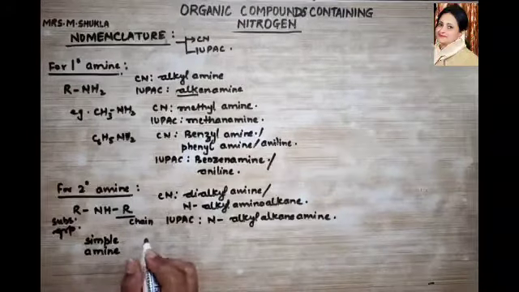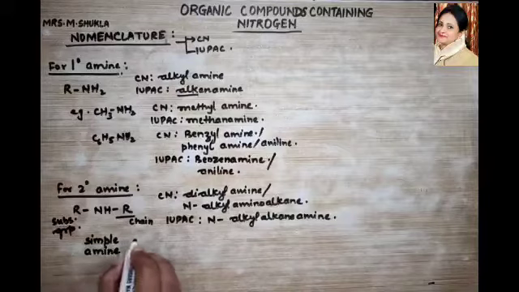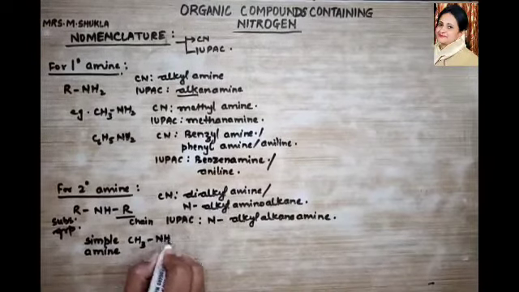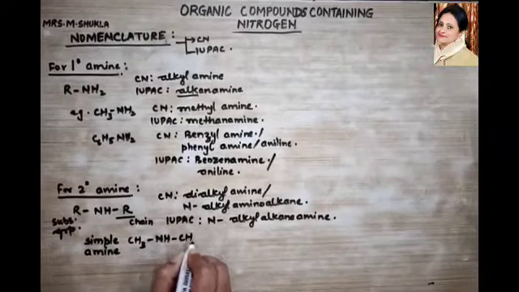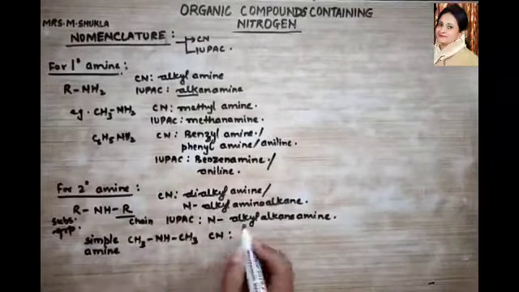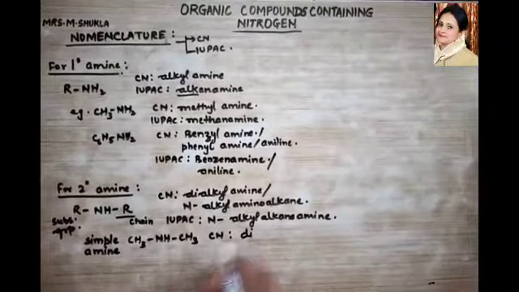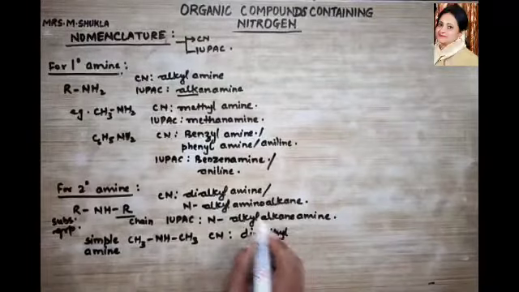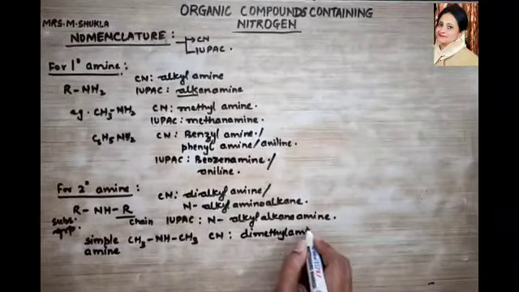Let's take an example like CH3NHCH3. So the common name, what is this? Dimethyl amine. Fine.